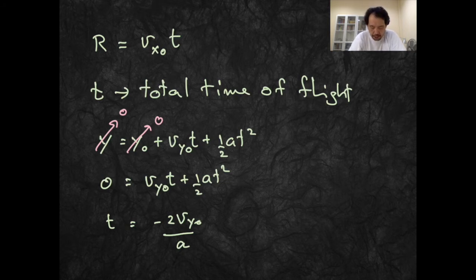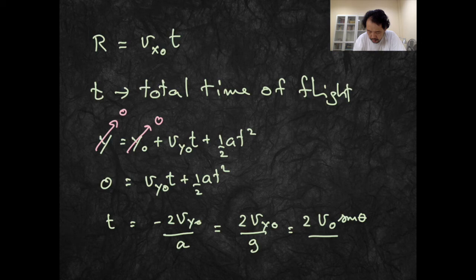Then divided by half of a, we get t equal to minus 2Vy0 over a, which is 2Vy0 over g, because we use a equal to minus g. Or this is 2 v0 sine theta over g. Okay, so we have the time of flight now, 2 v0 sine theta over g.